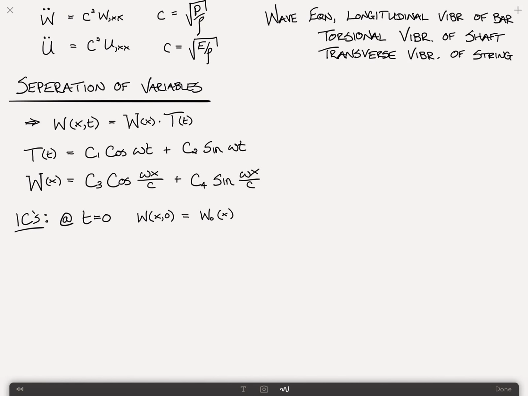So we know what the shape is initially, and also at time equals 0 we know the derivative. In other words, we know the velocity of every point along the string, the time derivative, which we'll call w dot sub 0 of x. So the two initial conditions are that we know the shape of the string and we know the velocity at all points along the string initially.